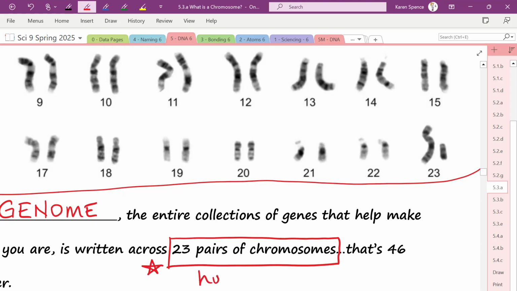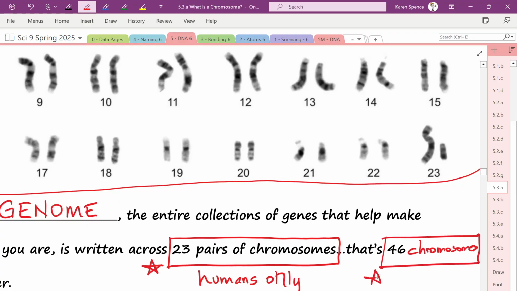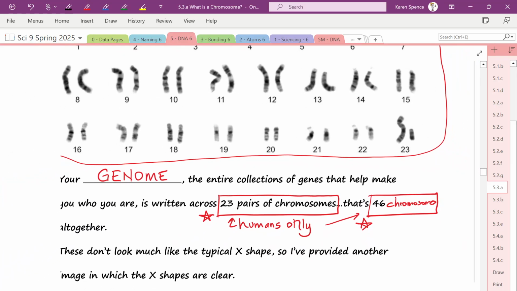This is humans only. All different animals have all different numbers of chromosomes, but for humans, it's 23. And that's 46 chromosomes. 23 pairs, 46 chromosomes.